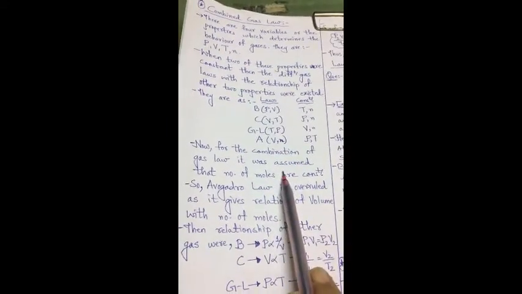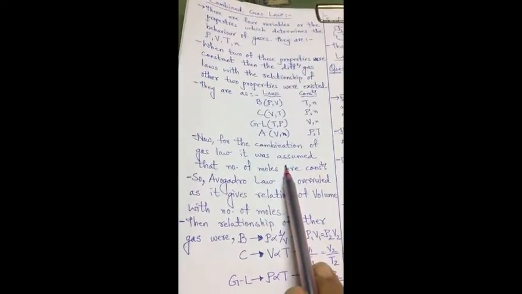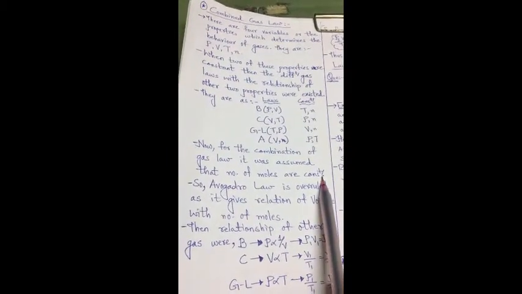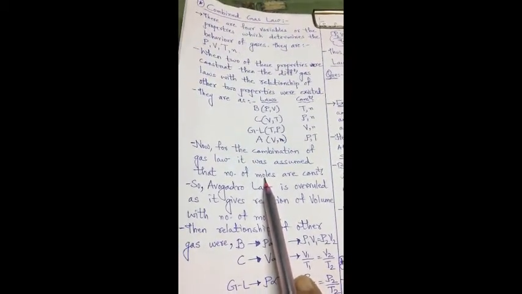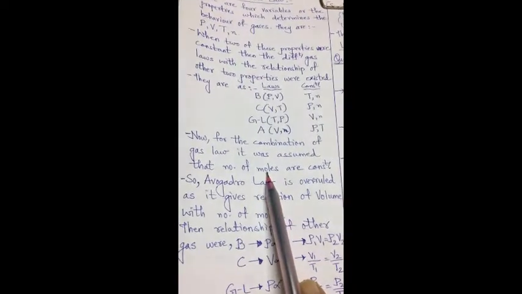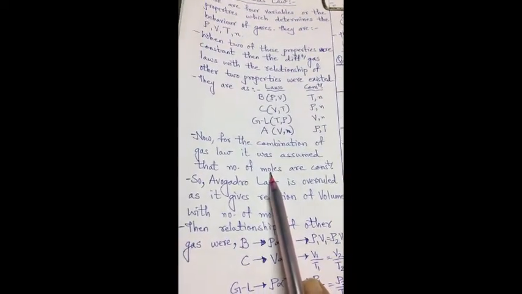Now for the combined gas law, it was assumed that the number of moles is constant. When we are considering any particular gas, the amount taken is in relation to the number of moles present in it. That is what we say is the amount of the gas.